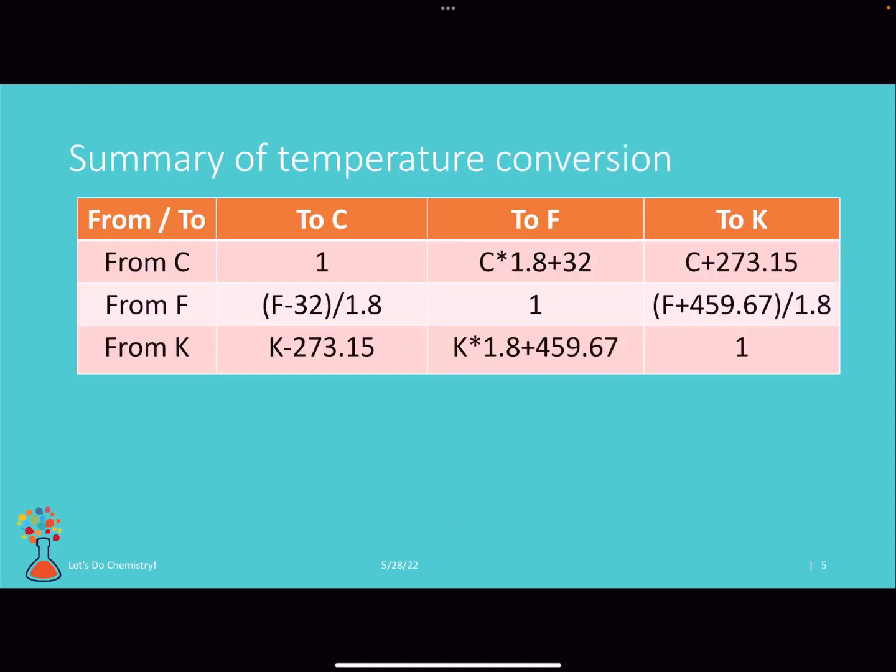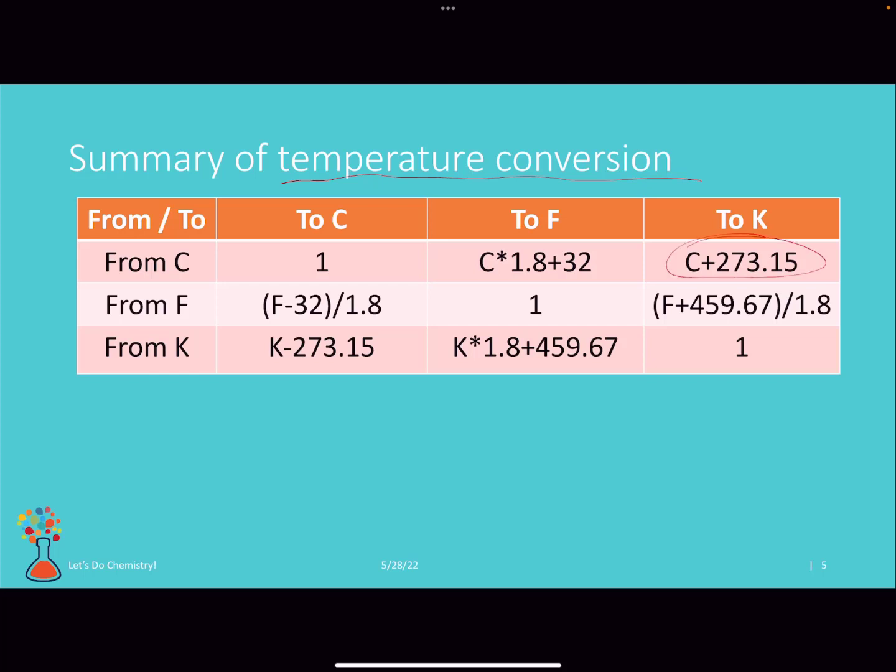So let's move to the next slide, which is a summary of the temperature conversion. I think this is a very useful table to have a summary of all the possible conversions. The only thing we didn't cover is this conversion.